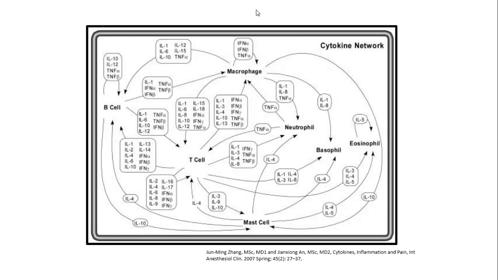So, for example, T cells can release all of these interleukins and interferons, and macrophages have the capacity to have a receptor for all of those. If we look also, they have TNFs, different interleukins here.